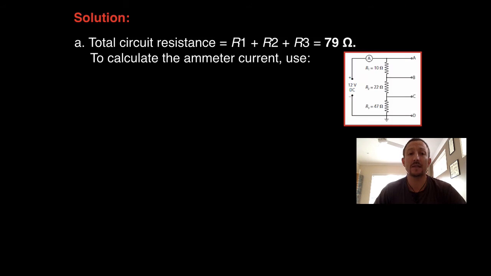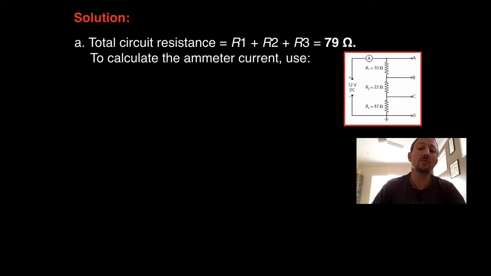So first off, let's have a look. Well, we've got to work out our total resistance. Now, our total resistance, because all the resistors are in series, in order to find out our current, we add all our resistors together. So we get R1 plus R2 plus R3 is going to equal 79 ohms. So when we put it all together, we get 79 ohms.